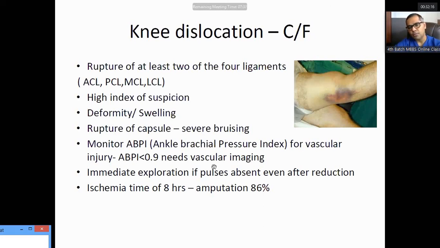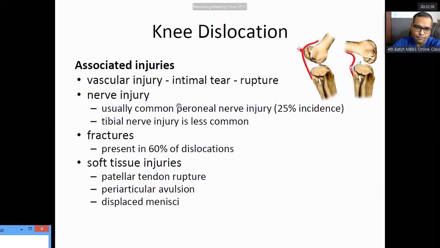What we do clinically is half-hourly serial monitoring of the pulse of the dorsalis pedis and the posterior tibial vessels. Immediate exploration if the pulse is absent, even after reduction. There is 86% amputation if the ischemia time is more than 8 hours.